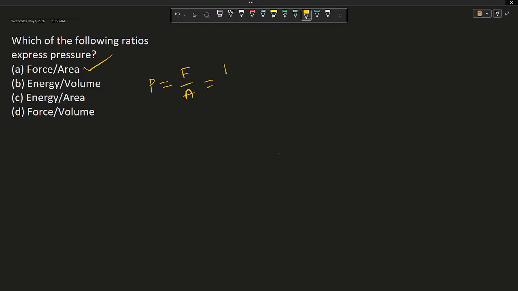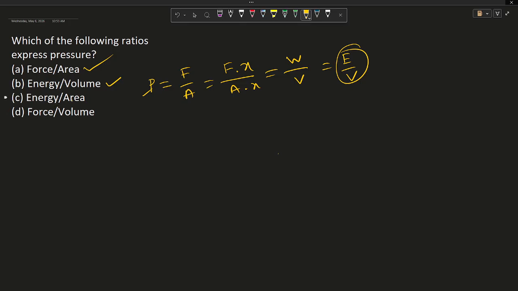If we multiply force by displacement, and also divide by displacement or distance, then this can be written as work done by volume. Work done means energy, so energy by volume is also pressure. So option B is also correct.